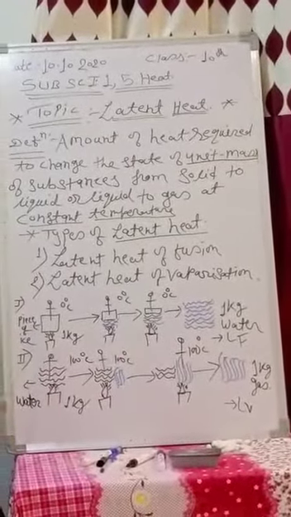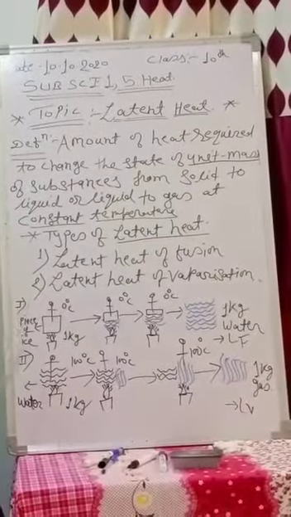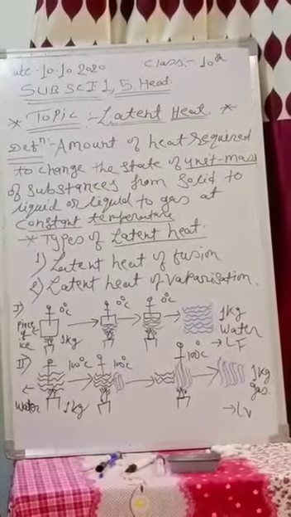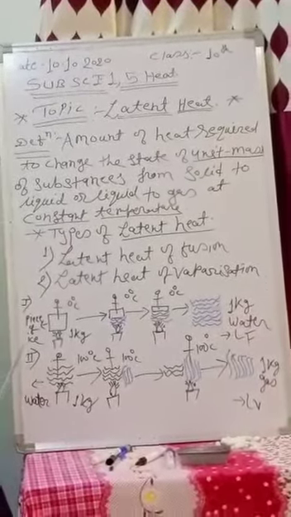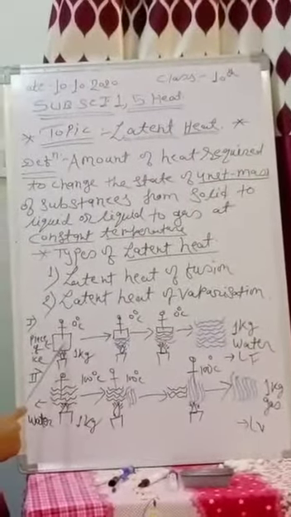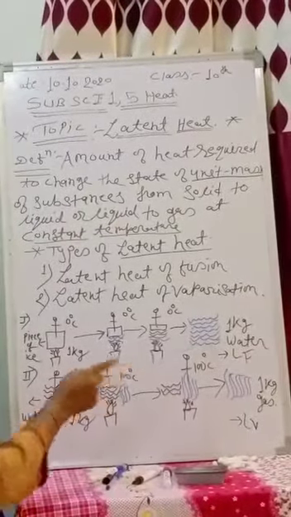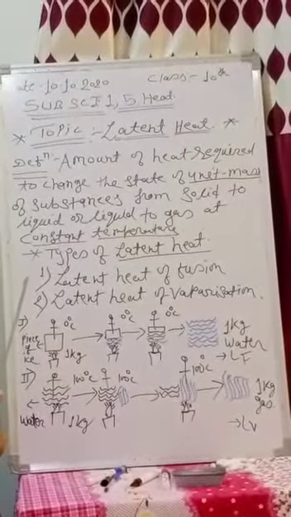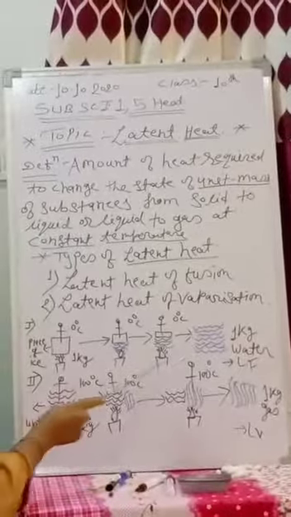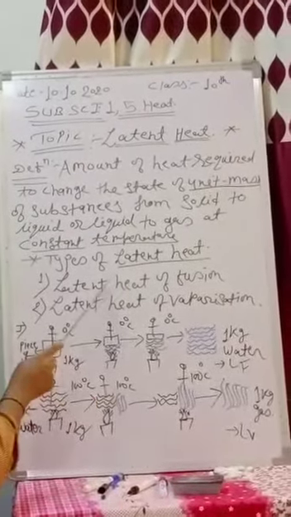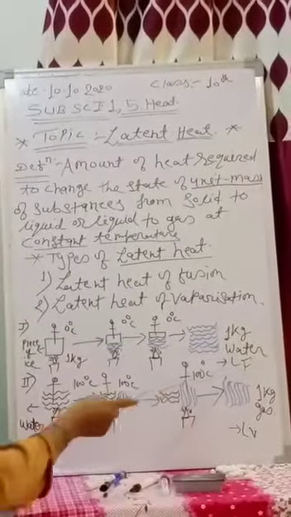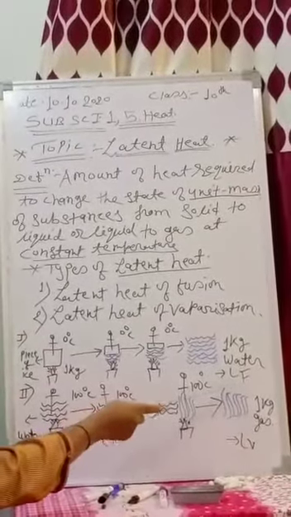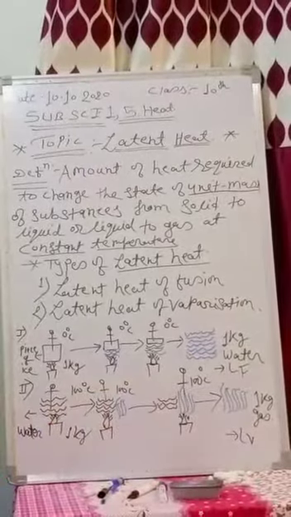That means this is a transition from solid to liquid. During the melting process, the solid substance changes into a liquid substance, and this is called latent heat of fusion, denoted as LF.